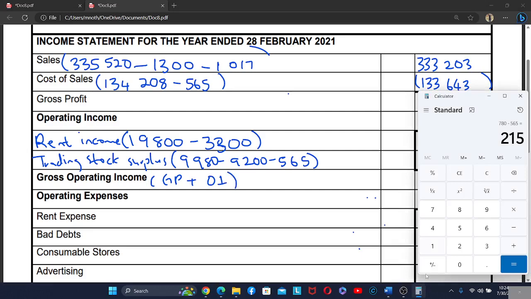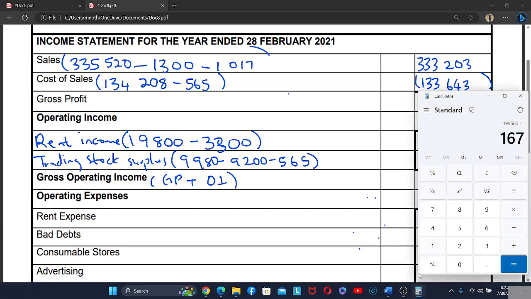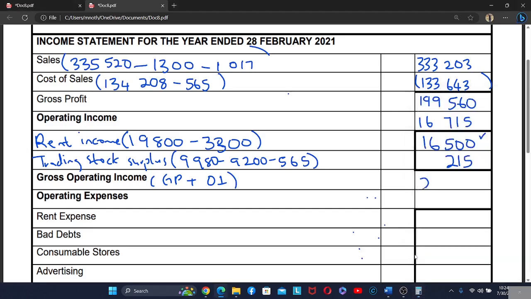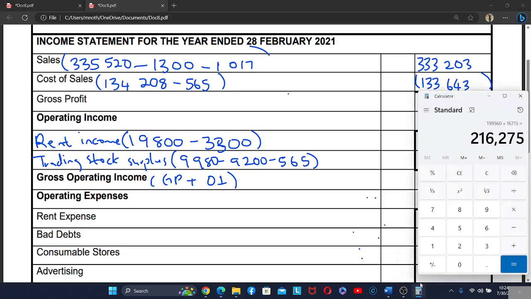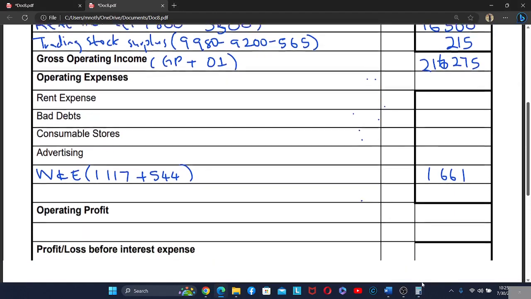So we're going to say 199,560 plus 16,715, which is going to be 216,275. Then now we are moving to the operating expenses.